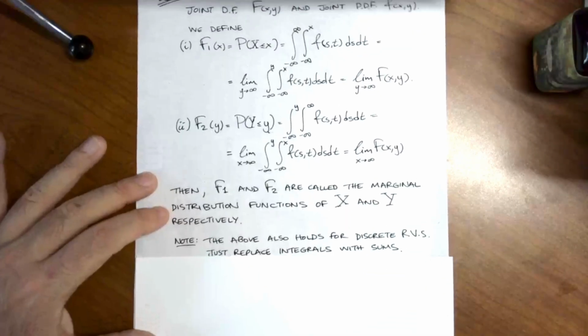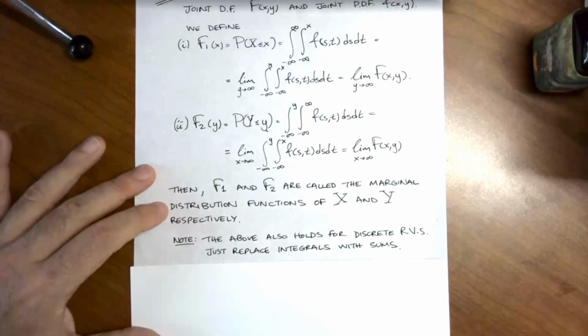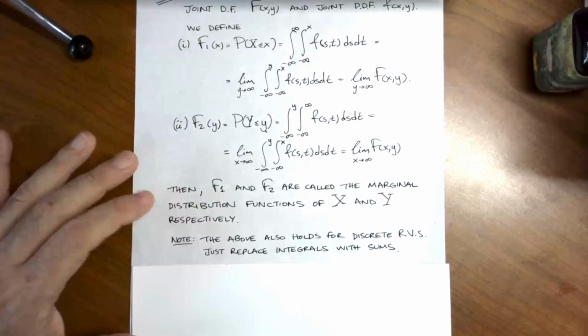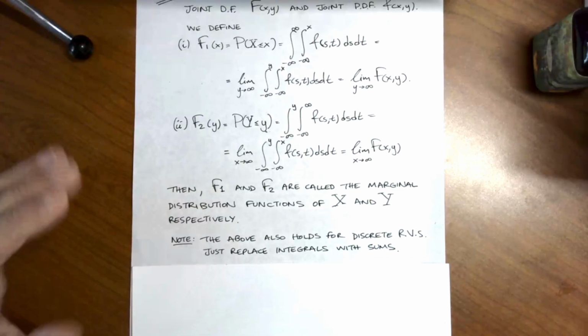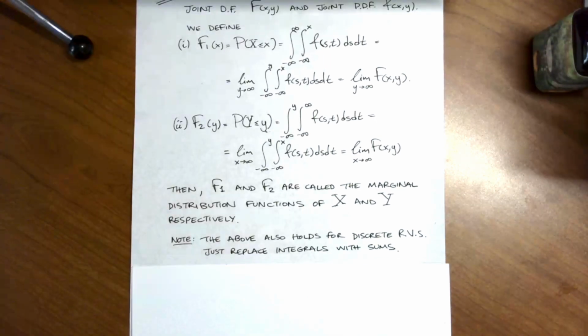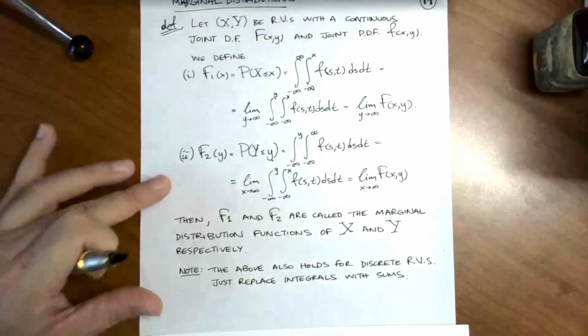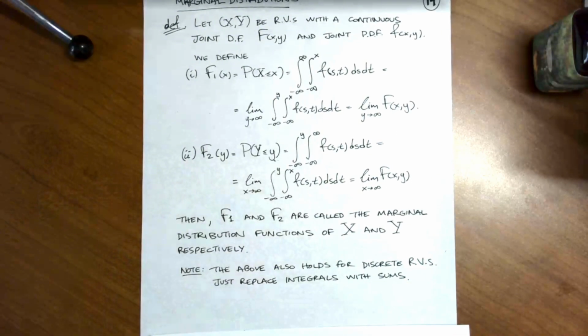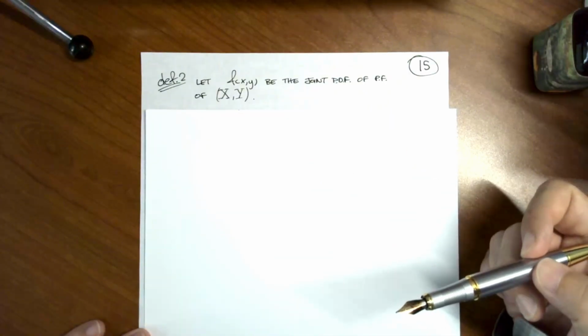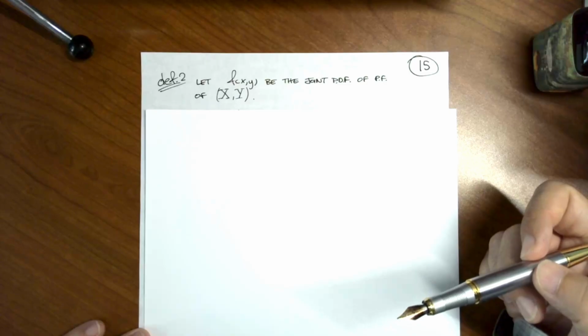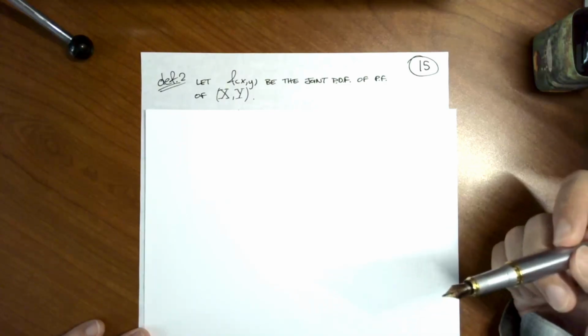So we can rewrite the above. We could do exactly the same thing, just replacing integrals with summation symbols, but the idea for the marginal distributions is the same across discrete and continuous random variables. We can continue on the definitions of marginal distributions and move on to the equivalent of the joint PDF.